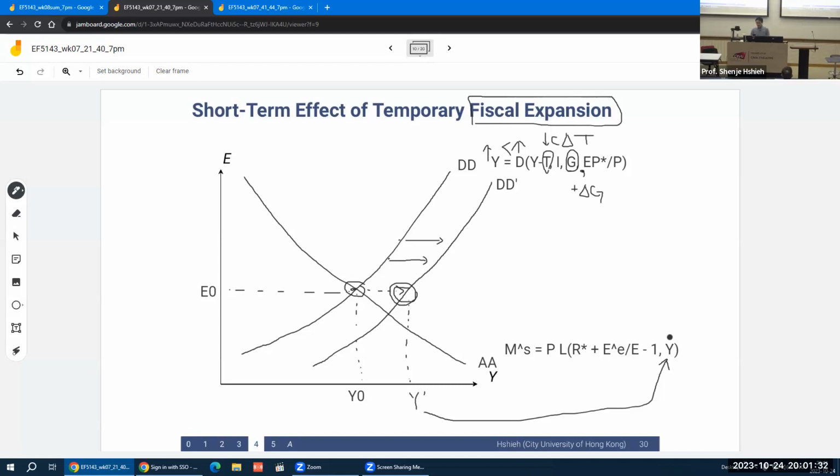With higher Y, we have higher L. And that's going to distort the money market equilibrium that favors the right side over the left side, correct? So we need to find some way to make the right-hand side lower. That's only possible if we somehow undo this L, all else equal. Suppose we don't change prices. We're in the short run, so sticky prices.